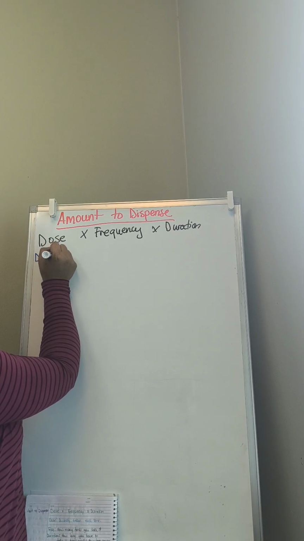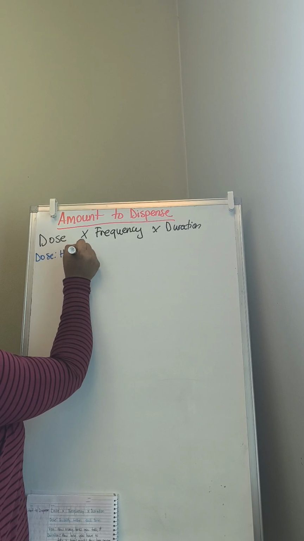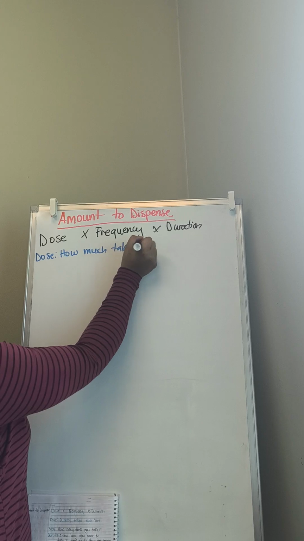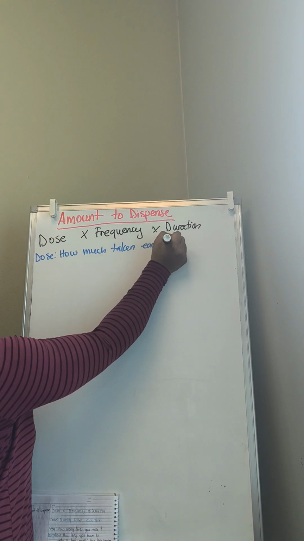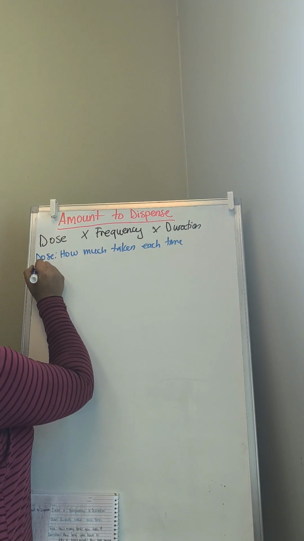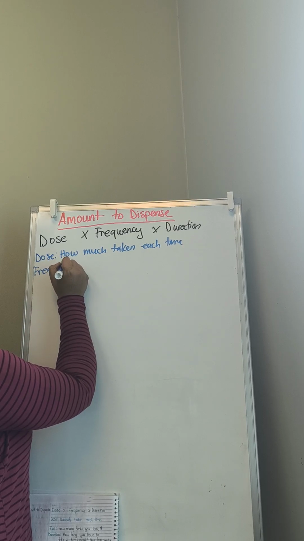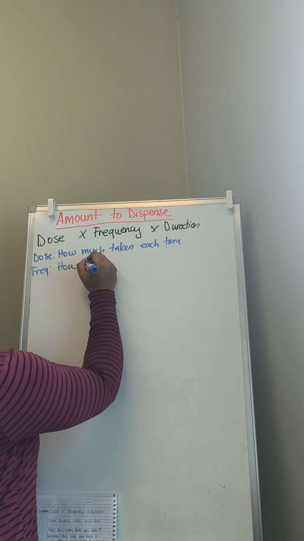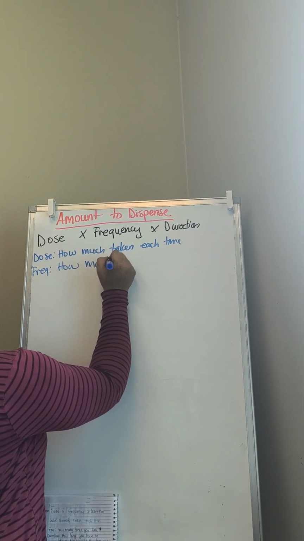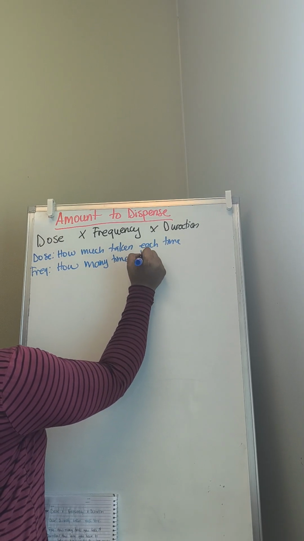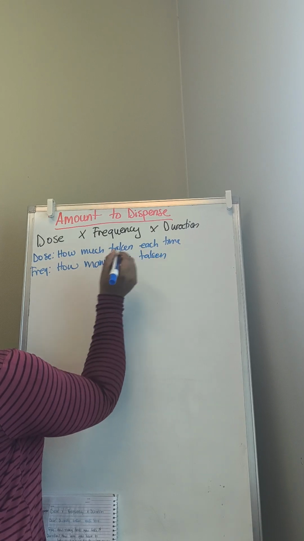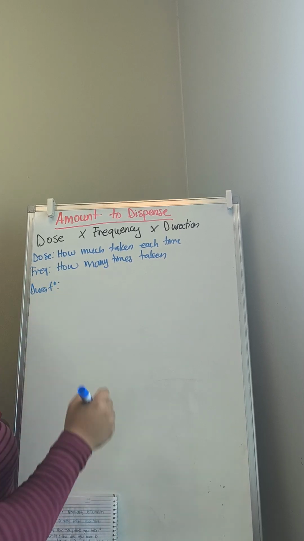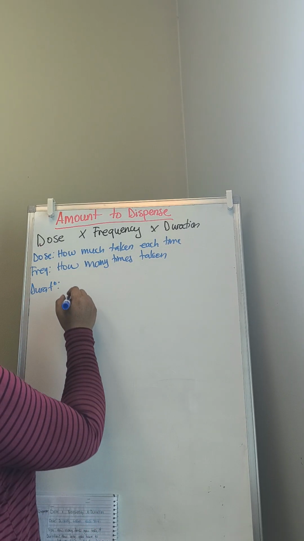Dose, how much taken each time. Frequency means how many times you take it, how many times taken, and duration is how long you have to take it.